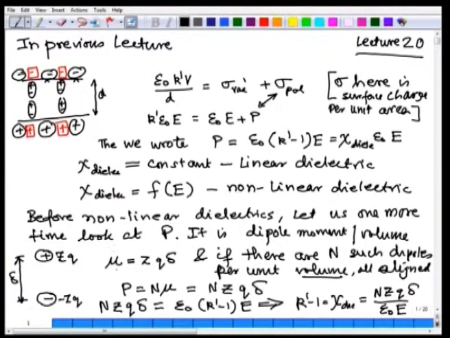By the way, this dipole moment is a vector quantity, it has a direction. I am just writing it as a scalar, but otherwise all these quantities, polarization and electric field, are really vector quantities.